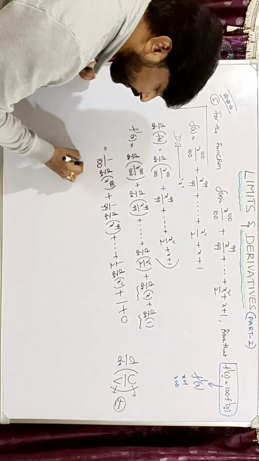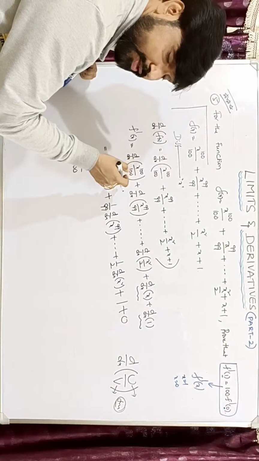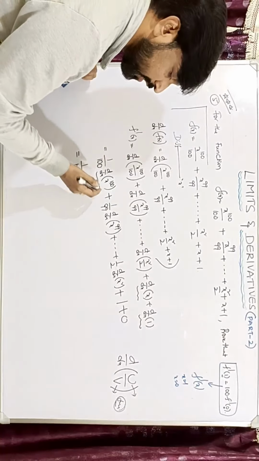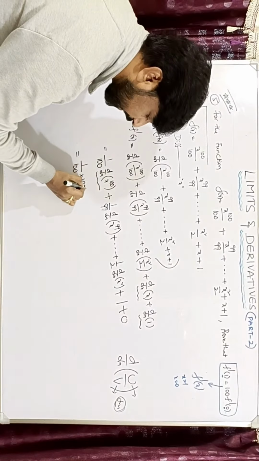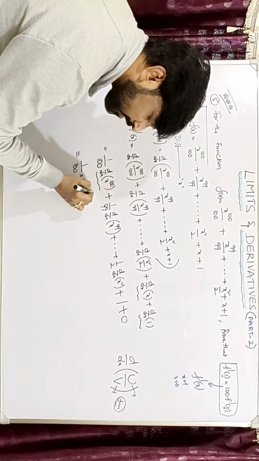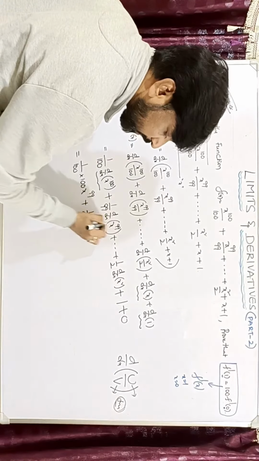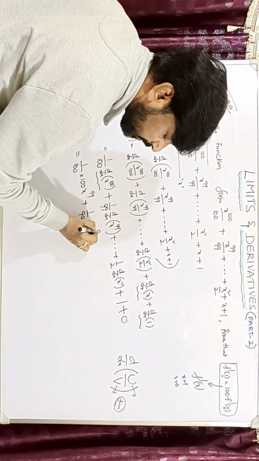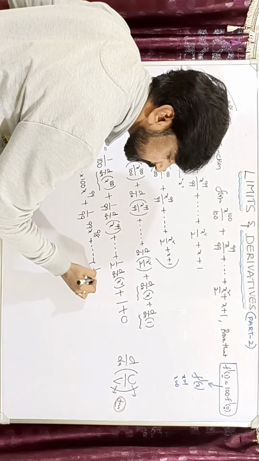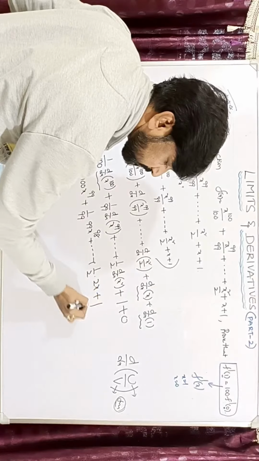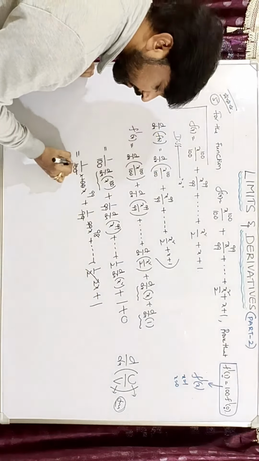Now look carefully at 1 by 100 into, we are skipping the u by v formula and using the general formula for x power n, whose derivative is n into x power n minus 1: 100 minus 1, 99, plus 1 by 99 into 99 into x power 98, plus so on, plus 1 by 2 into x square derivative 2x, plus 1. 2 gets cancelled, 99 gets cancelled, 100 gets cancelled.